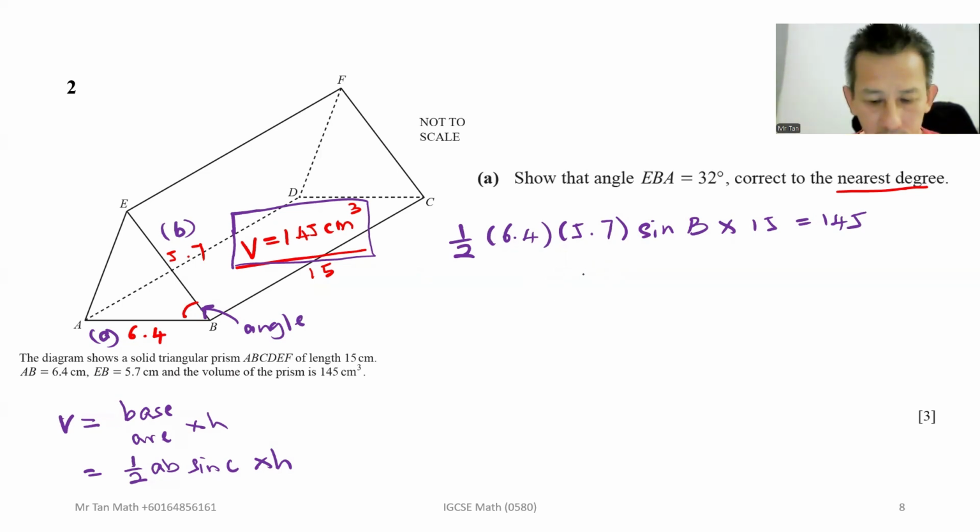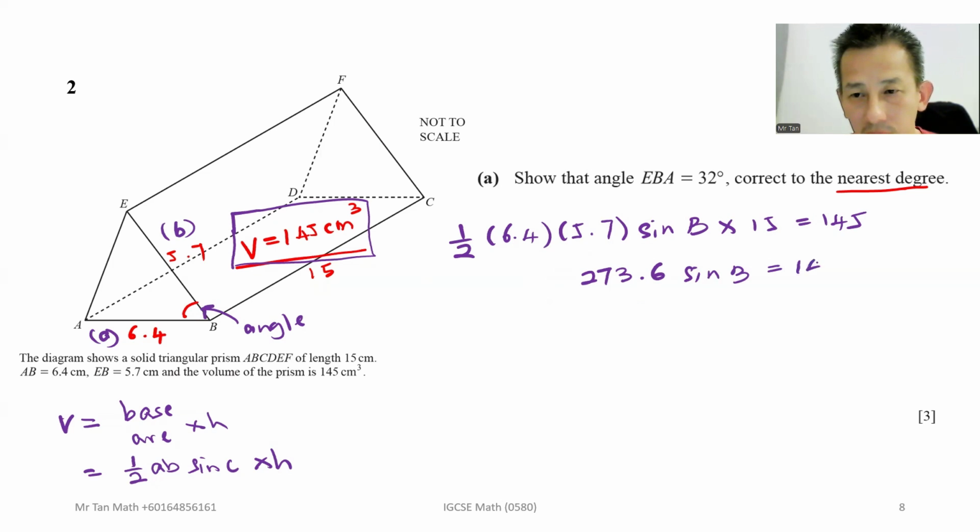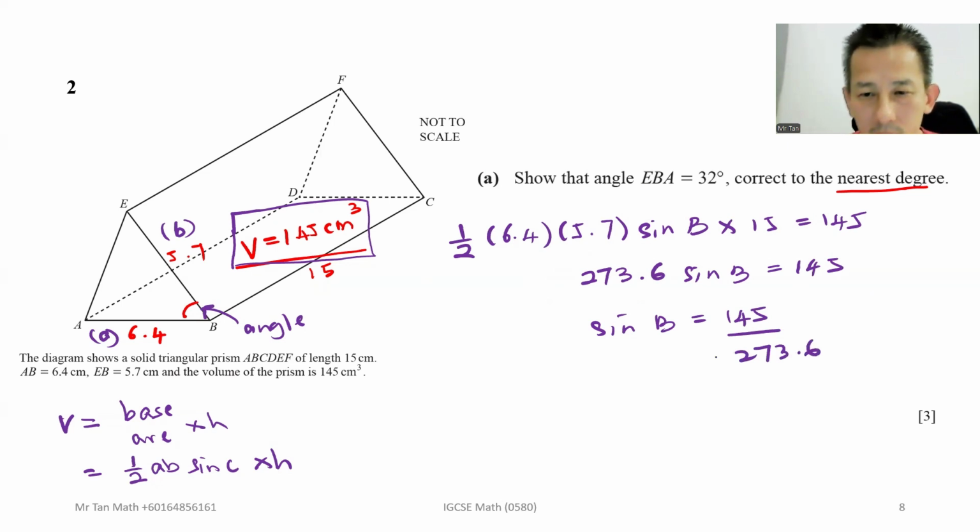It will give you 273.6 of sine B equal to 145. The sine B is equal to 145 over 273.6.